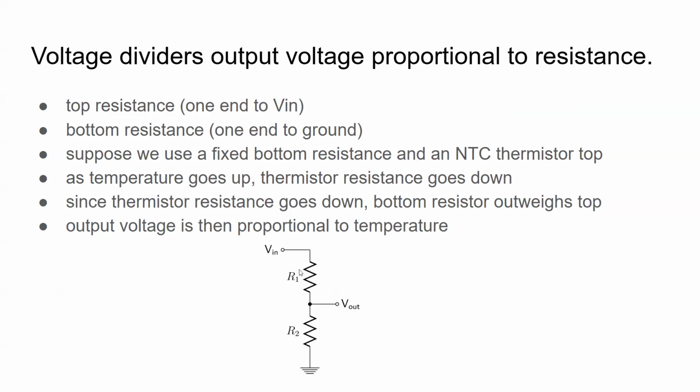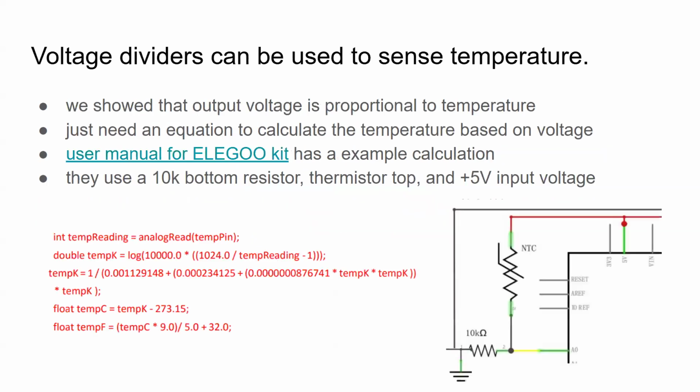This is a really easy way to create a circuit that has an output proportional to temperature, and we can calculate what the temperature is if we know the specific characteristics.